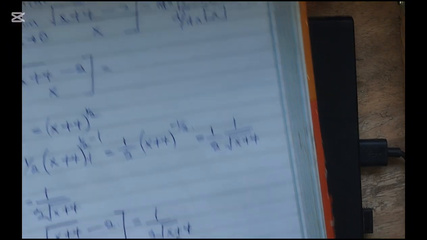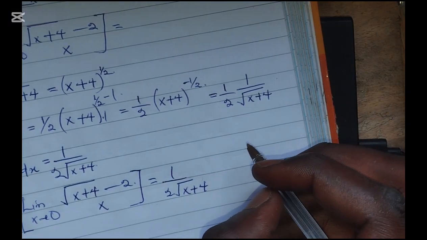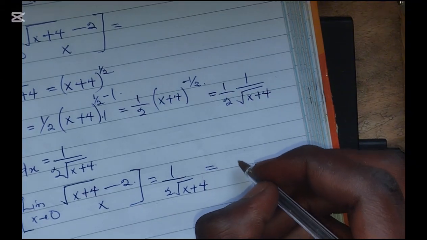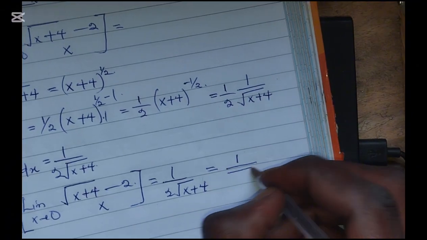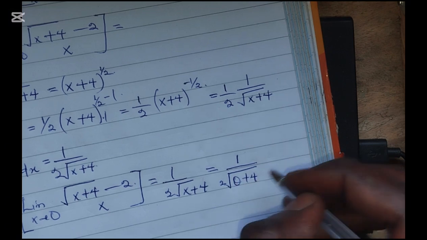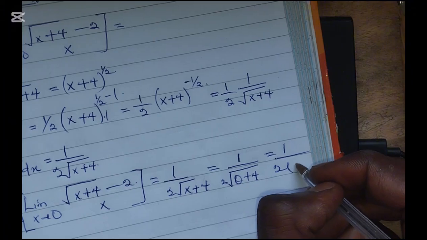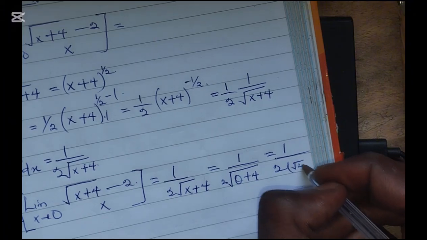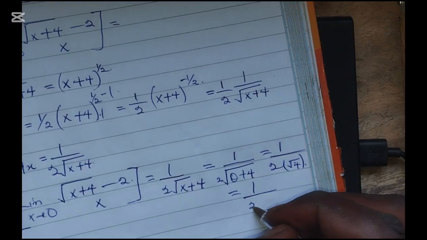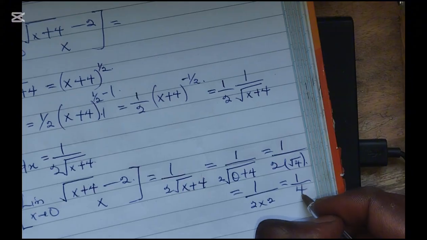So everything still remains what we have here. So at this point, we can apply the limit at x equals 0, we have 1 divided by 2 into the root of 0 plus 4, which will give us 1 over 2 into square root of 4, and that will be 1 divided by 2 times 2 equals 1 over 4.